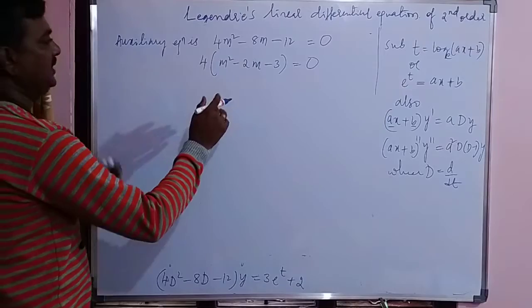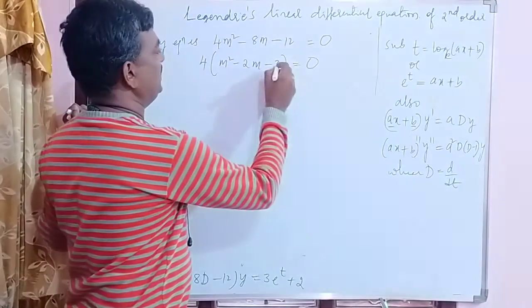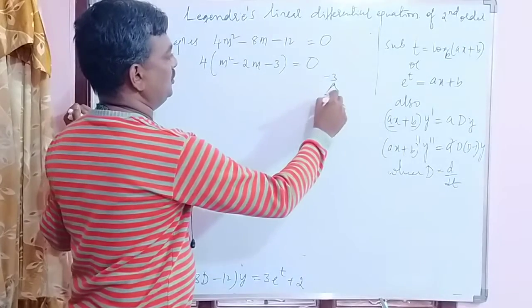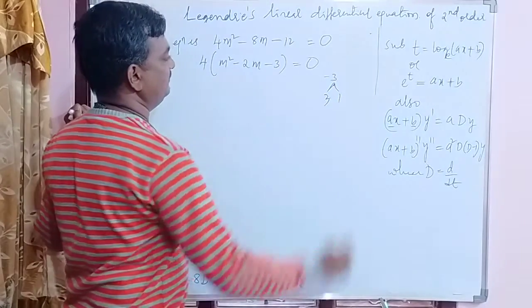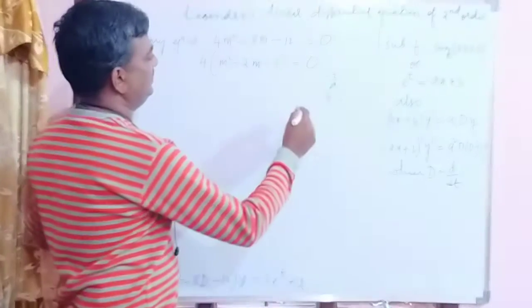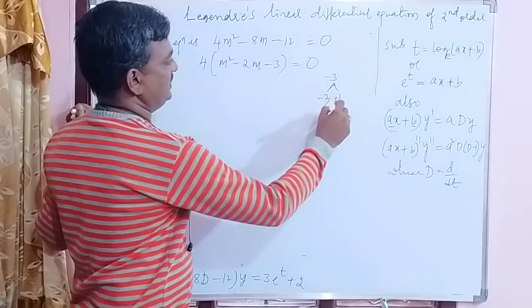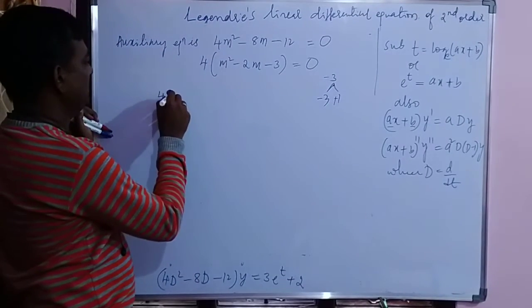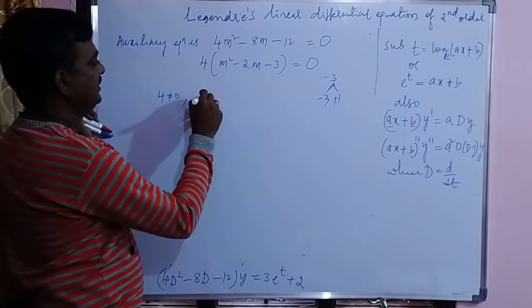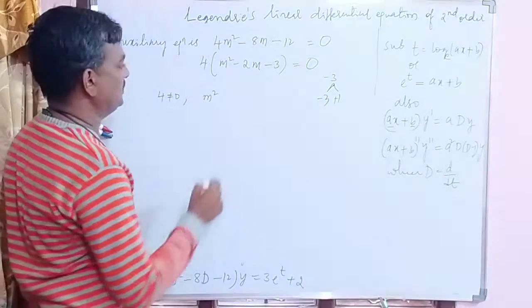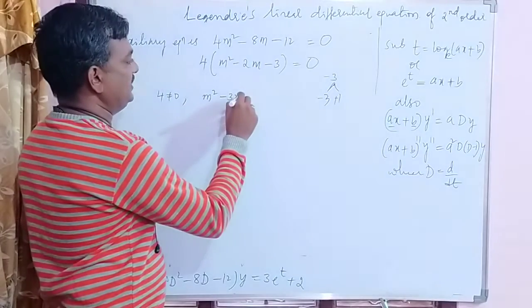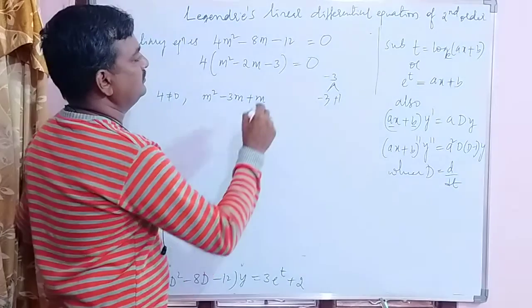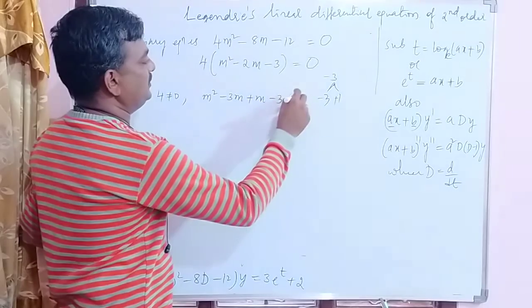So what are the roots here? You will get 1 into minus 3 is minus 3, so that is 2, 3 ones are 3, with the minus sign here and the plus sign here. So 4 is not equal to 0, the only thing is m square minus 2m minus 3 equal to 0. m square minus 3m plus m minus 3 equal to 0.